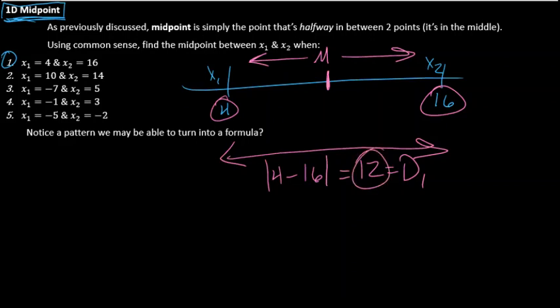Now what is our midpoint? Our midpoint should be 6 away from x1 and 6 away from x2. So our midpoint is either 16 minus 6 or 4 plus 6. Either way, we arrive at our midpoint is 10.